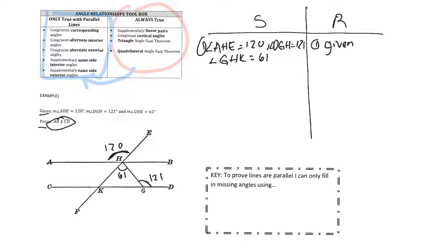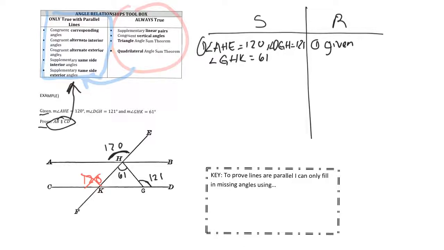And I'm going to try to prove the lines are parallel, which means I need to show one of these things: either my corresponding angles are congruent, or alternate interior angles are congruent. One of those things we know is true. But I don't know they're parallel yet, so what I cannot do is just put a 120 here. That doesn't work. Oh, they're corresponding.